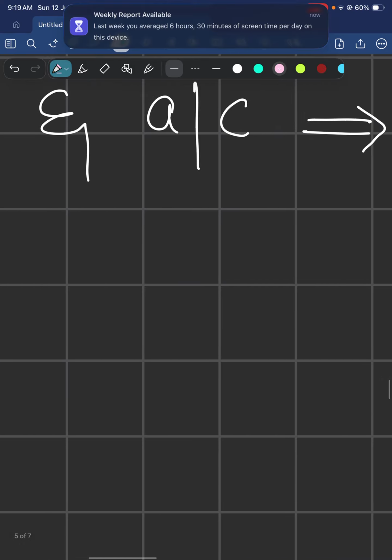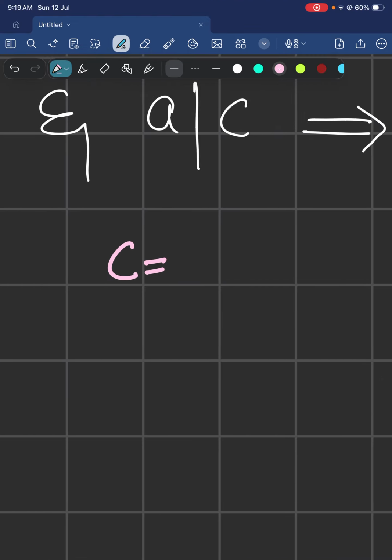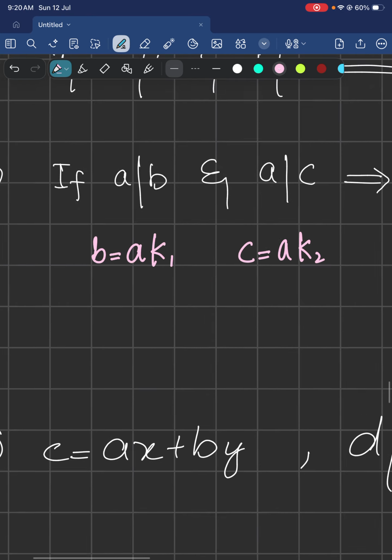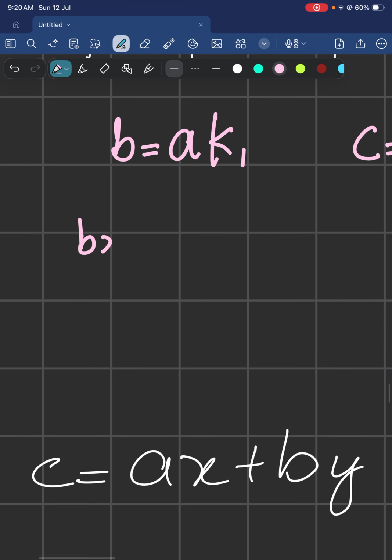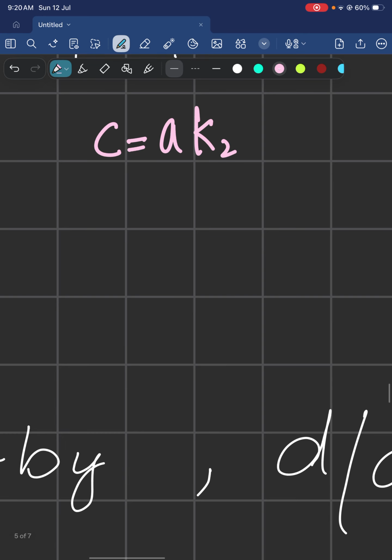And A divides C, so we can say C is a multiple of A. Now let's multiply with x on both sides for B, and similarly let's multiply with y on both sides for C.